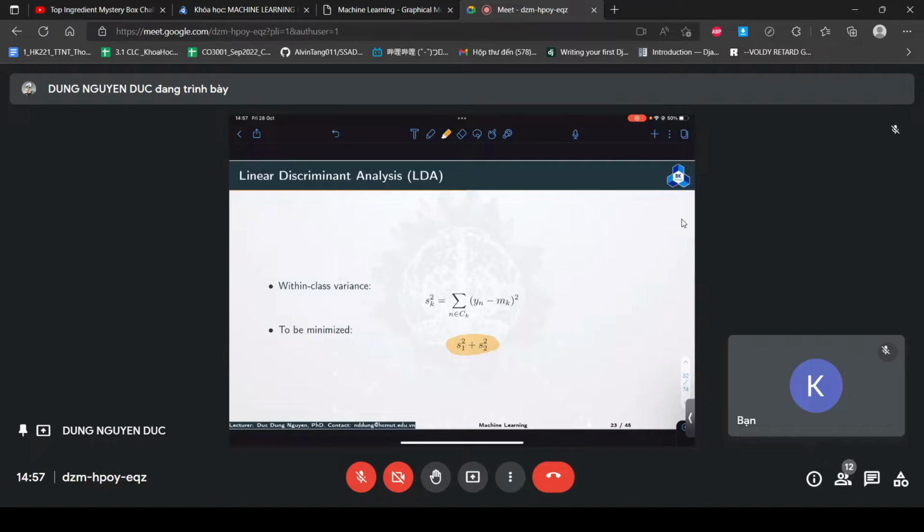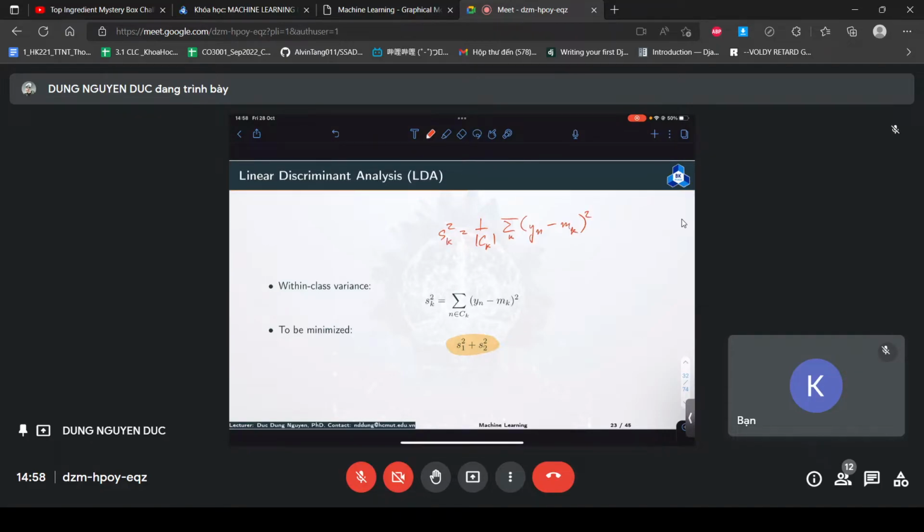If you take the average, S_k squared equals 1 over the volume of C_k times the sum over y of the squared difference from the mean m_k.